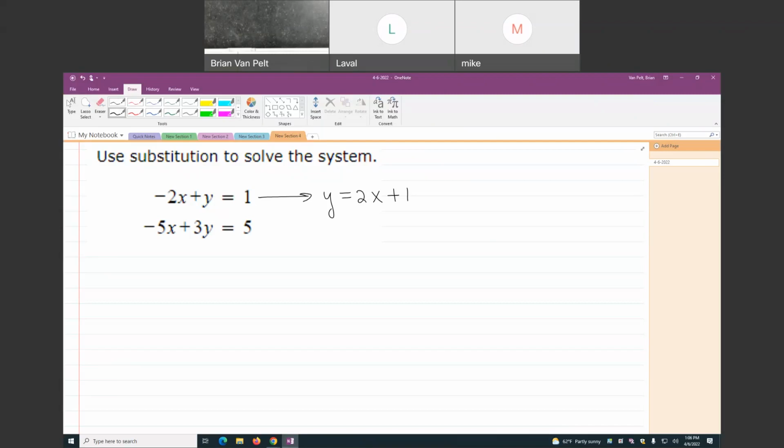So to use the substitution method, you have to do something like this first. You have to make sure that you solve for one of the variables all by itself. And then you're going to take that and plug it into the other equation. You're going to take this guy here.